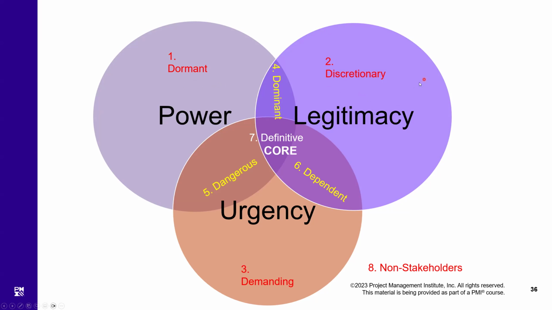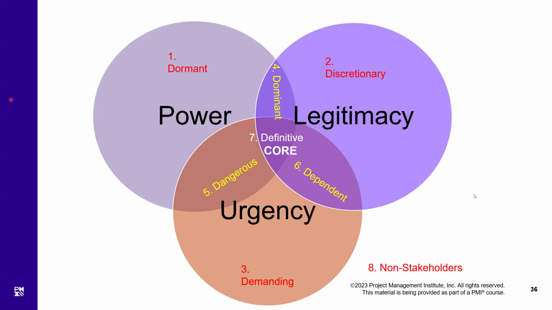Then the second is high in legitimacy and low in power and urgency. They are discretionary stakeholders. Third, high in urgency, low in power and legitimacy. They are demanding. So you see 3 categories of stakeholders who are only high in one area, power or legitimacy or urgency. There is a collective name for them.